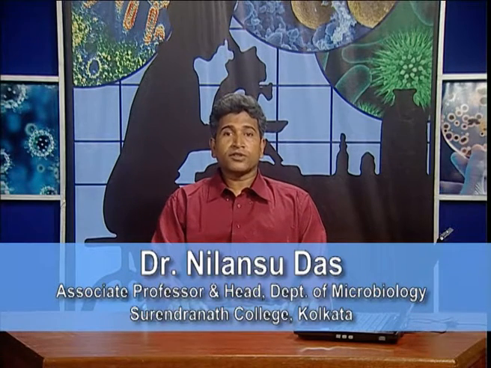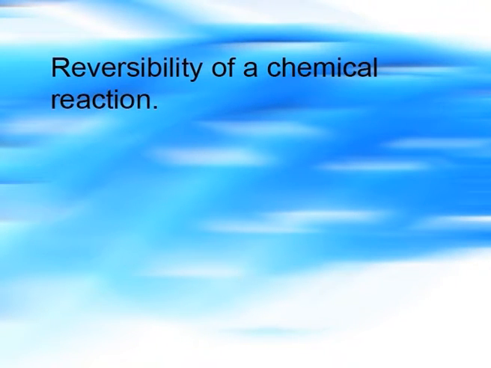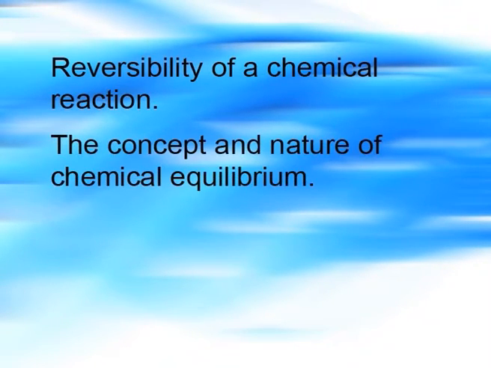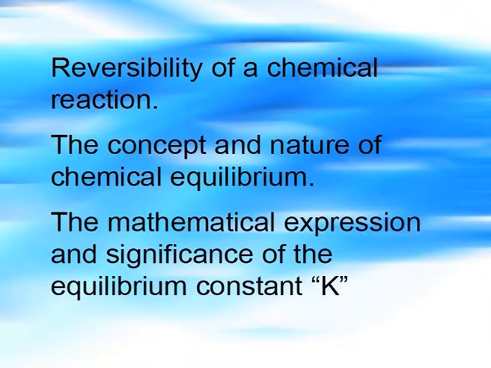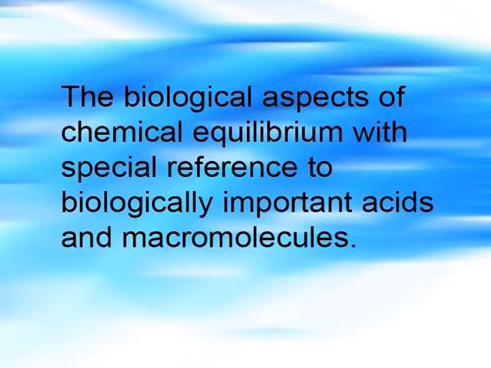In the first part of my session, we will discuss the reversibility of a chemical reaction, the concept and nature of chemical equilibrium, and the mathematical expression and significance of equilibrium constant K. In the second part of my talk, I will be focusing on the biological aspects of chemical equilibrium with special reference to biologically important acids and macromolecules.